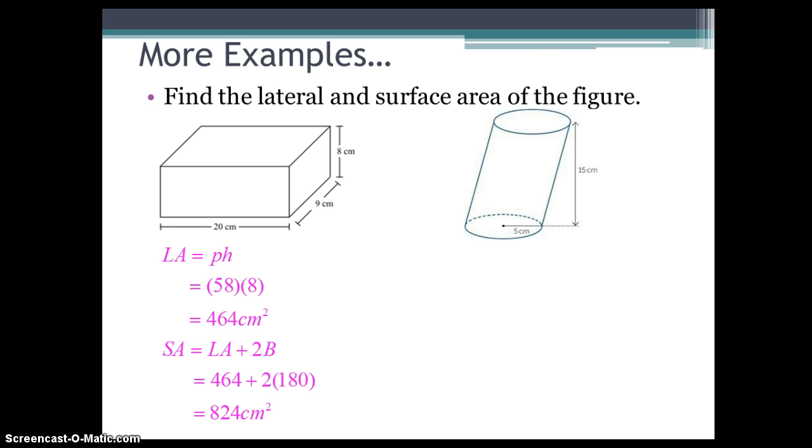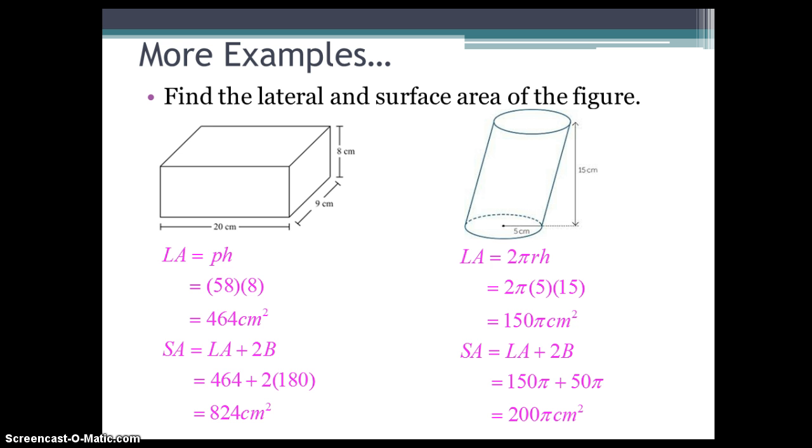My surface area is going to be the lateral area plus the area of those two bases. So the base is going to be 20 times 9, or 180. So we're going to add our 464 for our lateral area plus 2 times 180, which gives me 824 square centimeters.